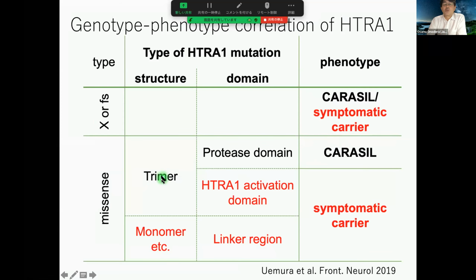But if the mutation is located in the HTRA1 activation domain, L3 or LD, or affects the trimer formation, this mutant has a possibility to cause CSVD even in the heterozygote. But the problem is the nonsense or frameshift mutations. We still do not know the rules of which type of mutation causes symptomatic carriers or not.